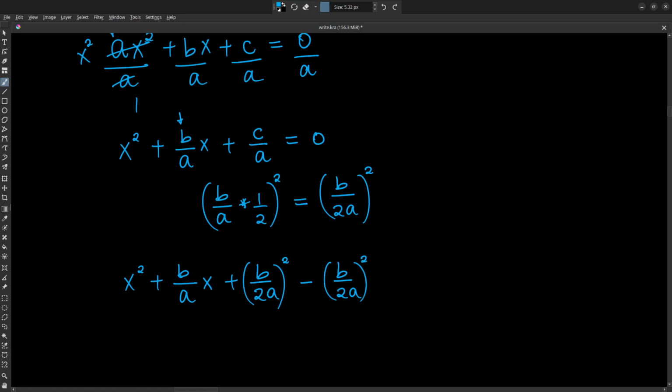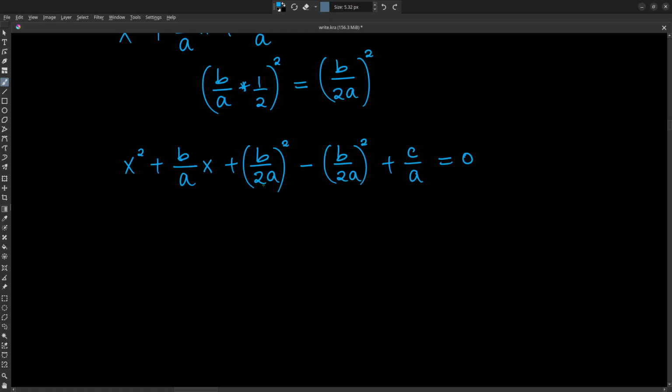And then let's continue. We had the c out of a term, so plus c out of a, and all this equals 0. So you see that we have added and subtracted the same term, so there is really no difference in our equation. But what has changed is that these first three terms are now like a square.